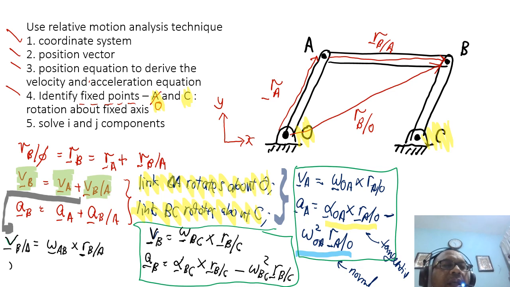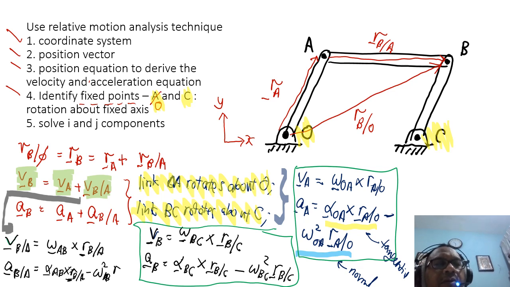What about the acceleration of B relative to A? It is the same formula. B relative to A is rotating about A, so it is alpha AB cross position vector B relative to A minus omega square AB position vector B relative to A. So that's the third box.